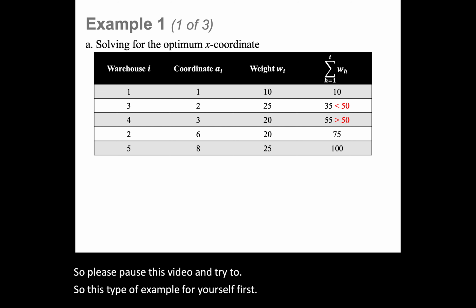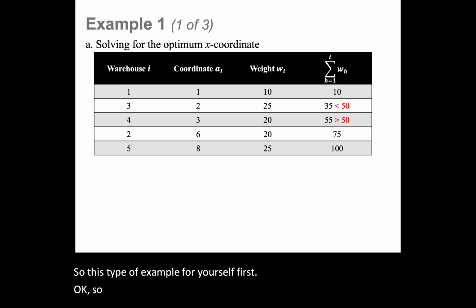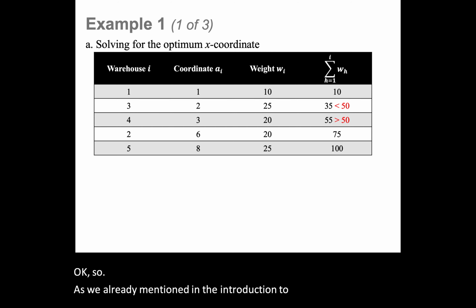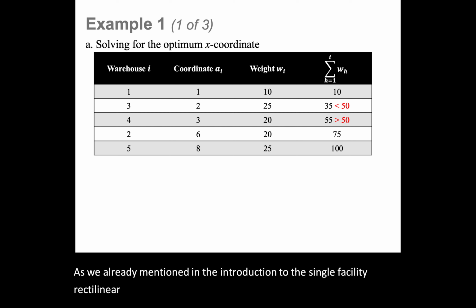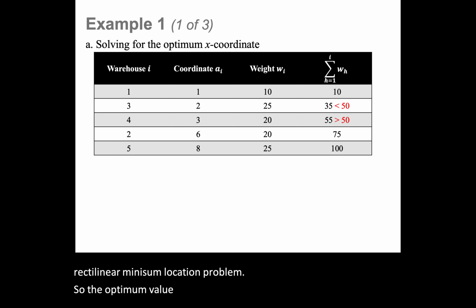Okay, so as we already mentioned in the introduction to the single facility rectilinear minisum location problem, the optimum value of x and y can be obtained independently.